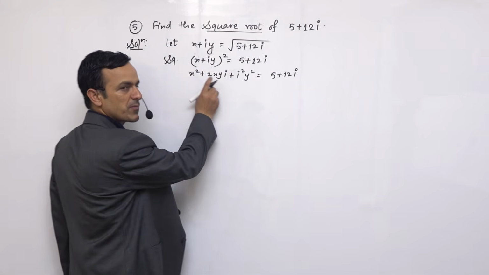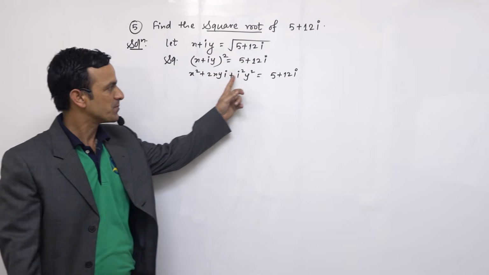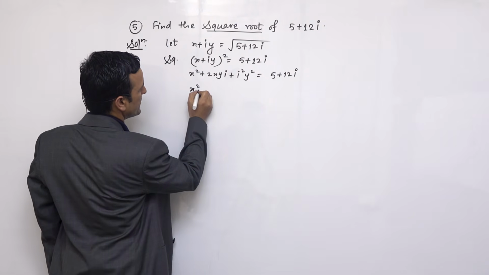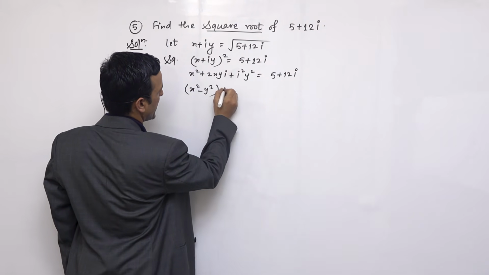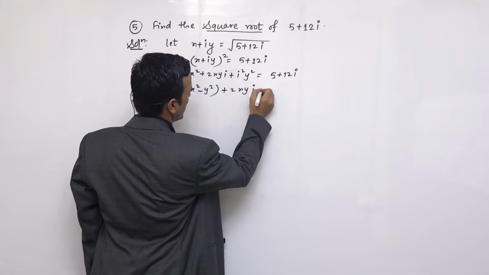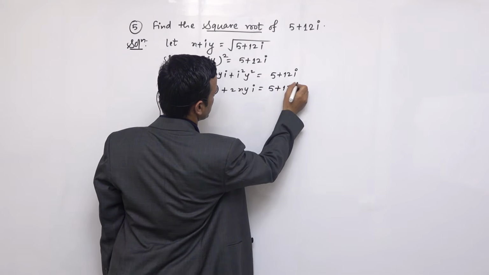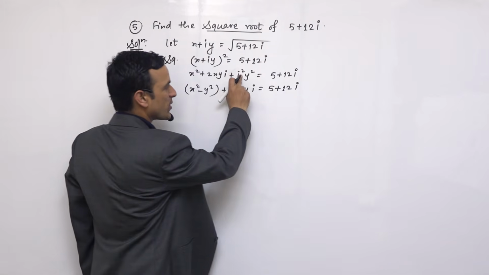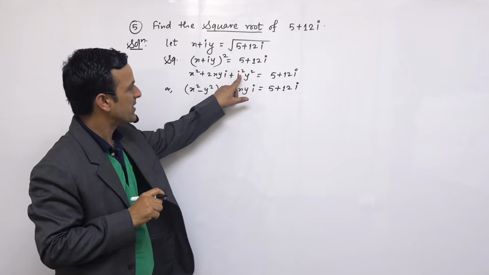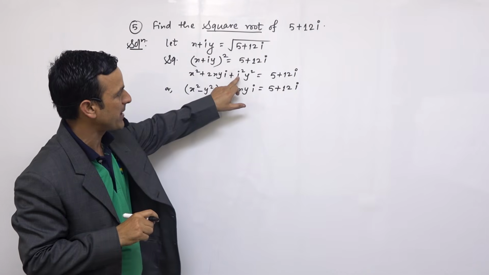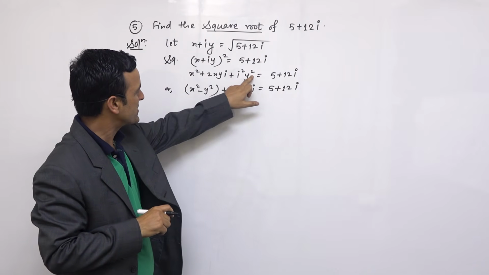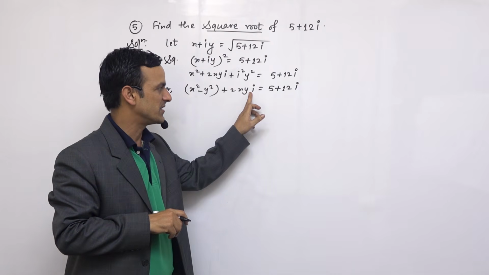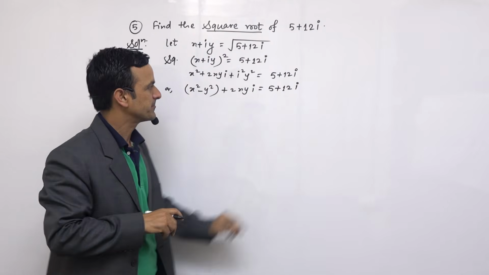So this is a square plus 2ab plus b square, and RHS is same. Now it will be x square minus y square plus 2xyi is equal to 5 plus 12i. So here i square means minus 1, putting minus 1 in place of i square, we put minus y square and x square together, then this term will be 5 plus 12i.